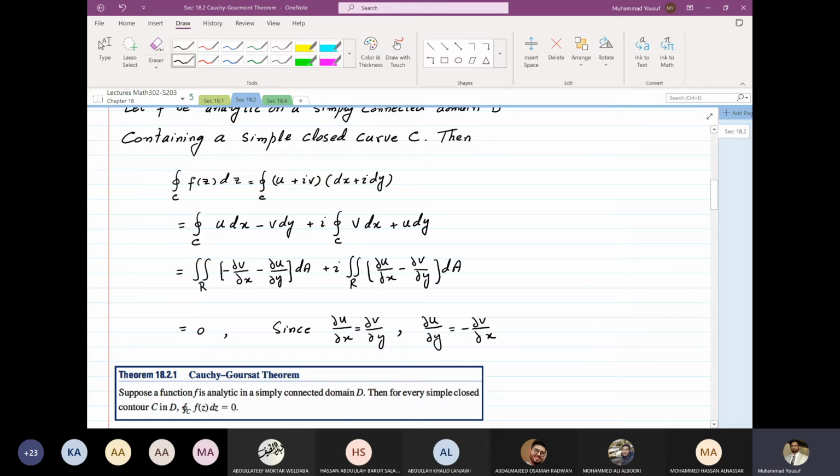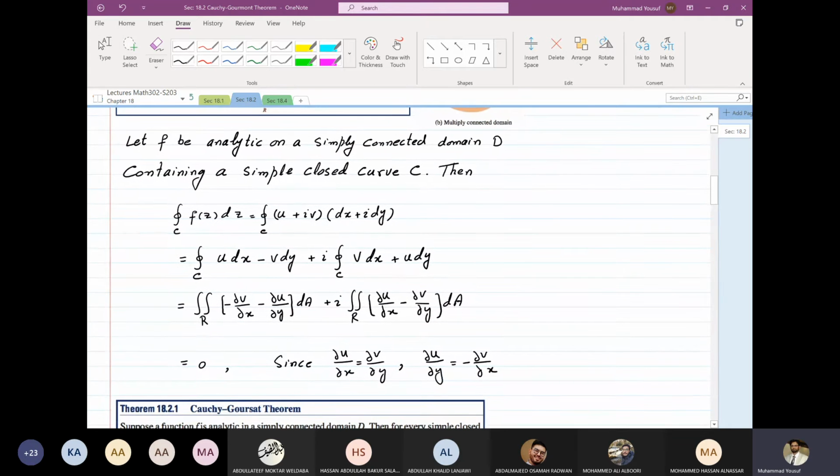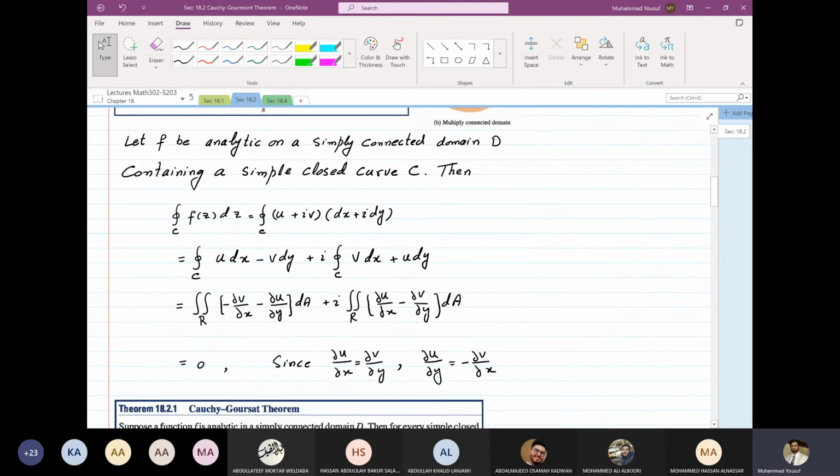Important thing. Why? Can someone tell me? Because f is analytic, it satisfies the Cauchy-Riemann equations, which say that partial u by partial x is equal to partial v by partial y. So when partial u over partial x equals partial v by partial y, this integral is 0.